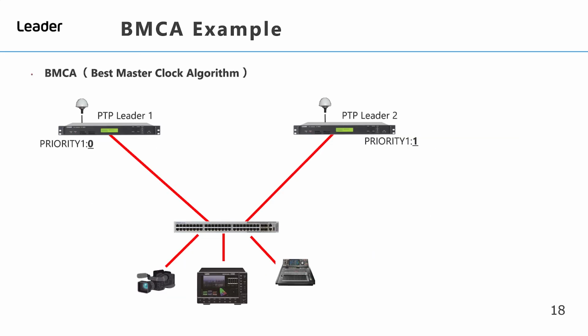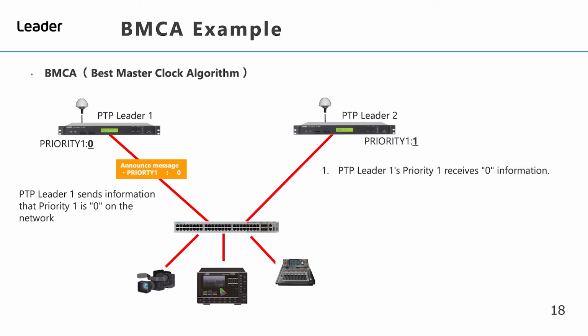So let's take a look at an example of the best master clock algorithm. PTP leader 1 sends information that priority 1 is set to 0 on this network. PTP leader 2, which has priority 1 set to 1, receives leader 1's priority 1 data and is informed that it is set to 0.